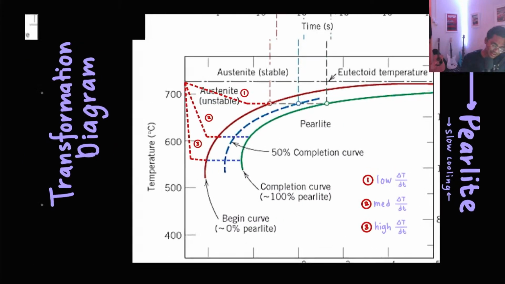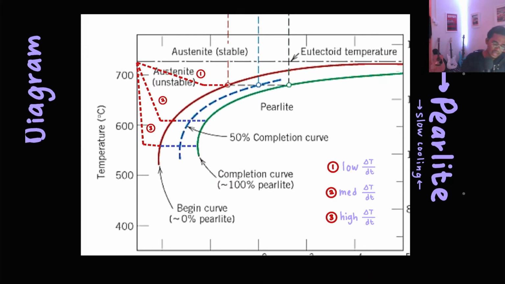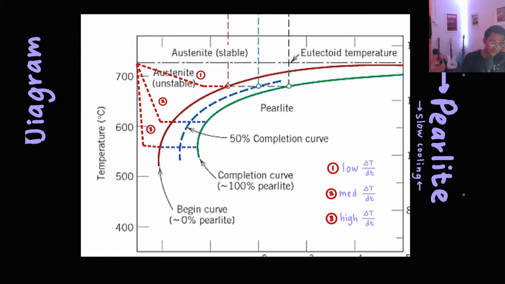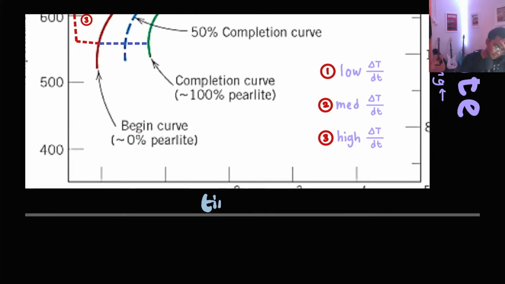For example, you have three different cooling processes. First, you cool it slowly. This diagram is temperature against time.